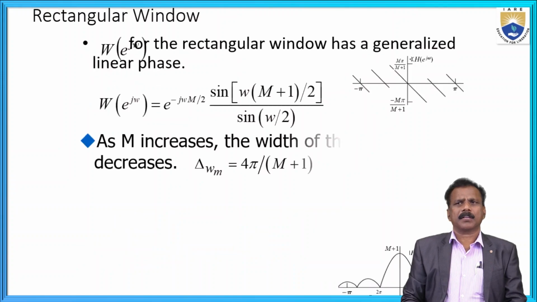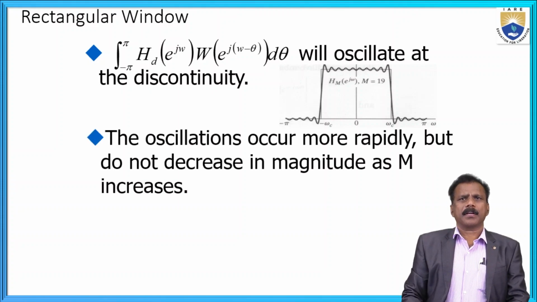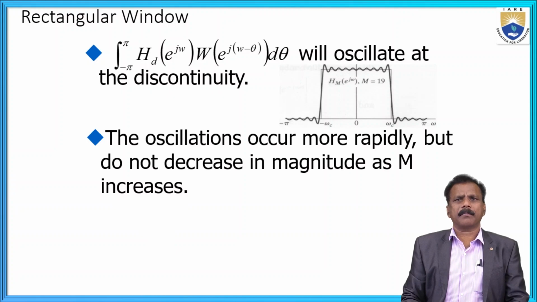Next, the rectangular window. You have seen this one. The rectangular window oscillates at discontinuities. These oscillations occur more rapidly but do not decrease in magnitude as M increases.